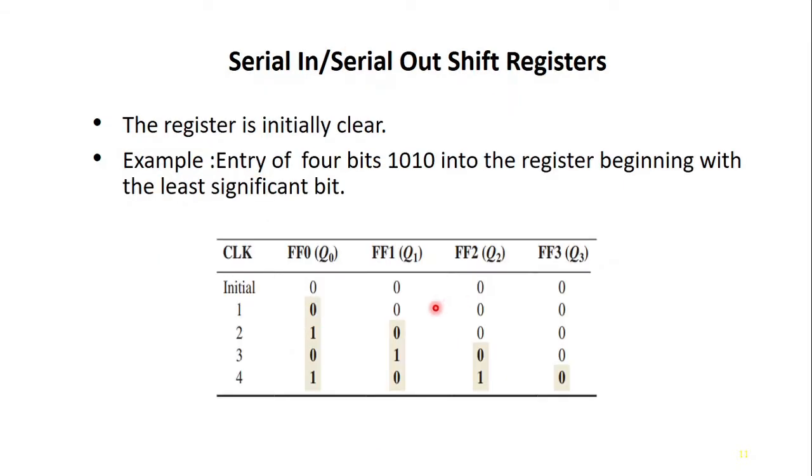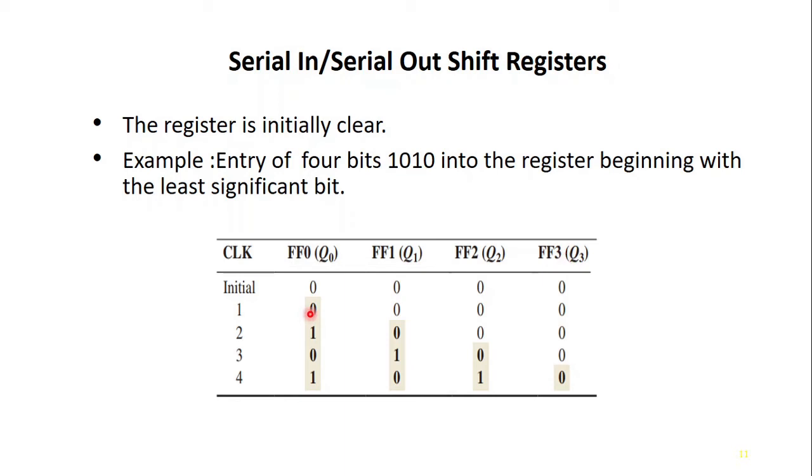This shows the entry of 4 bits 1010 into the register, which is a 4-bit shift register. Initially, the register is clear, that means it contains the value 0000. FF0 is the least significant bit position, and FF3 or Q3 is the most significant bit position.